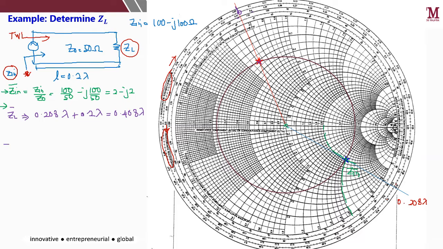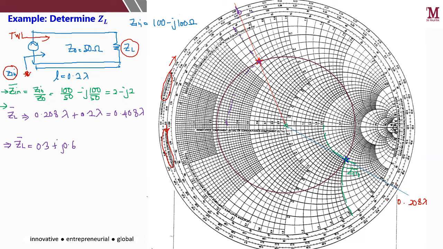So in this case, from the graph, your normalized Z load equal to this line, it's 0.3, and then it's on top, so plus j, it's here 0.6.